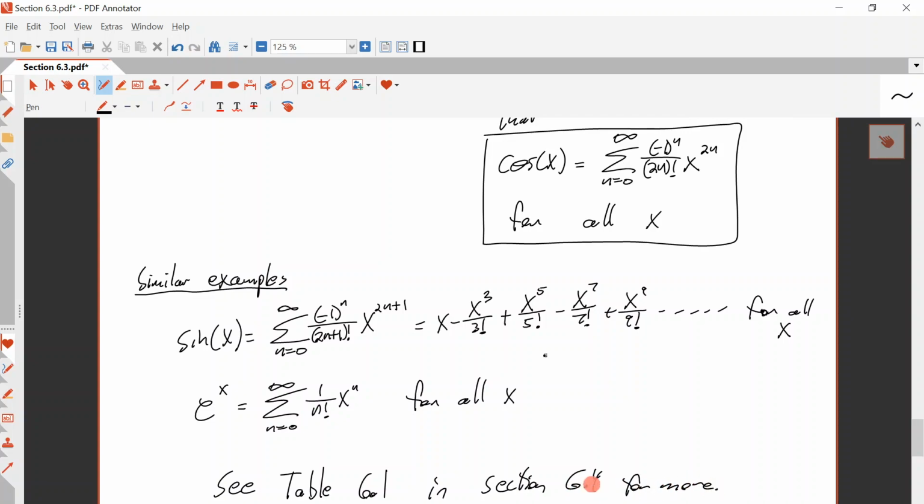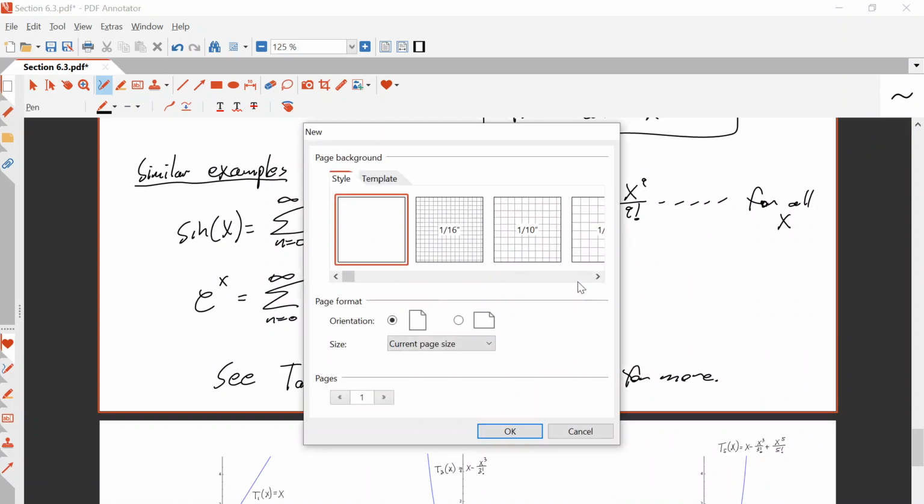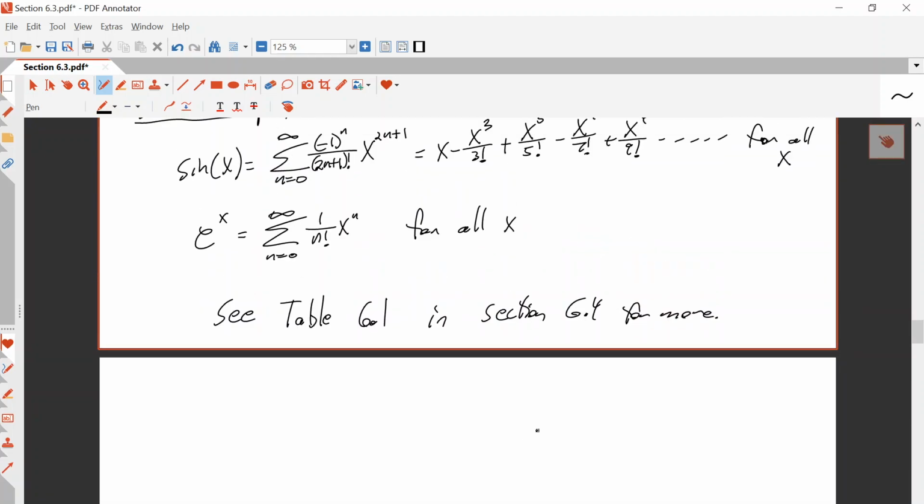Now you have to know these. You will have to know these Taylor series in the table in section 6.4.